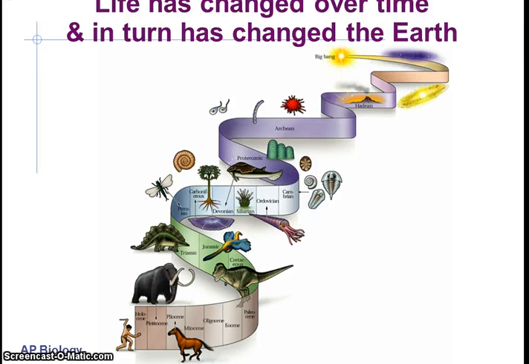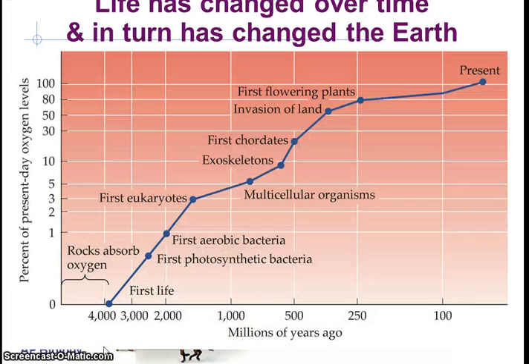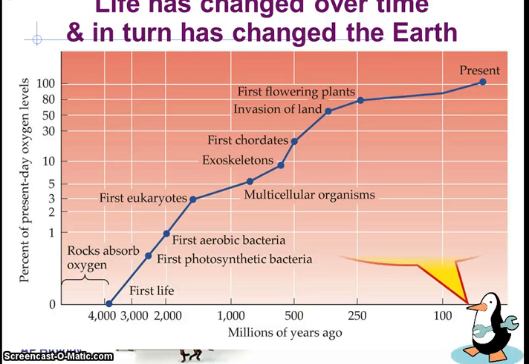This just shows how life has changed over time, starting way back. We have some bacteria, and we get into now with our mammals. And again, showing kind of the same thing without the pictures.